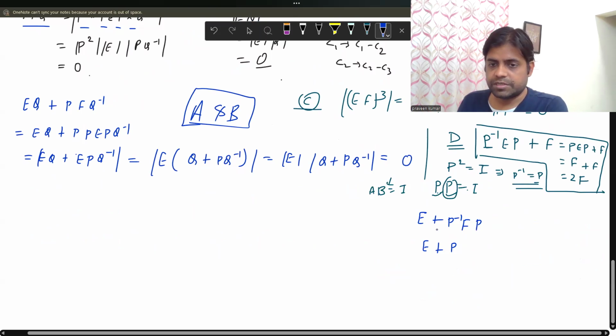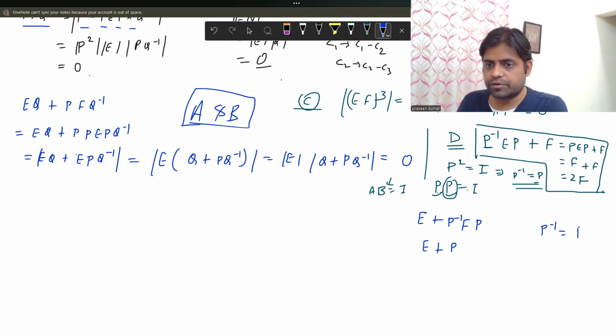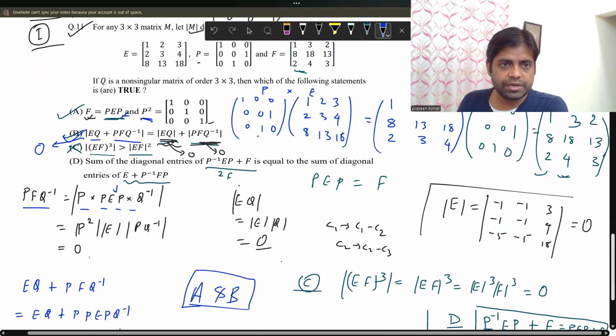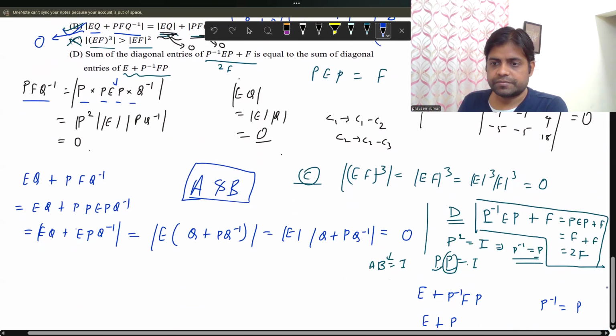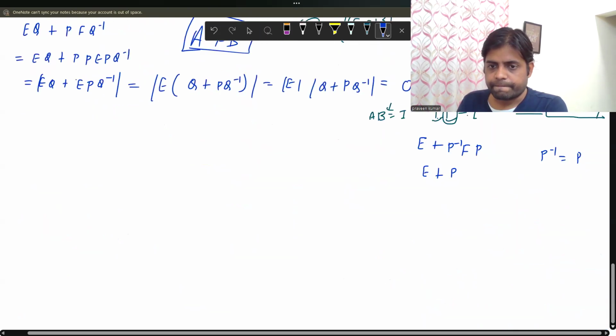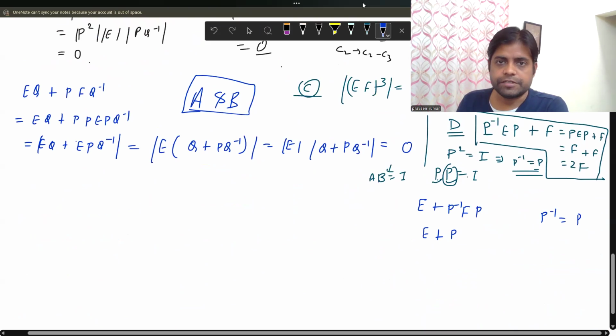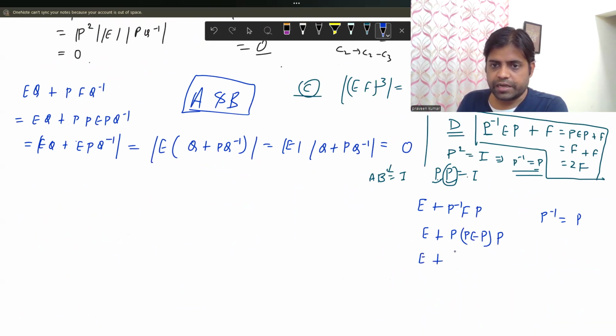Okay. So this is P inverse. And we know that P inverse is equal to P. So we can write P inverse as P. And what can we write for F? F can be written as PEP. F is equal to PEP. So P inverse is P, F is PEP, and then again P. So P square is going to be I. And then E. And then again P square.